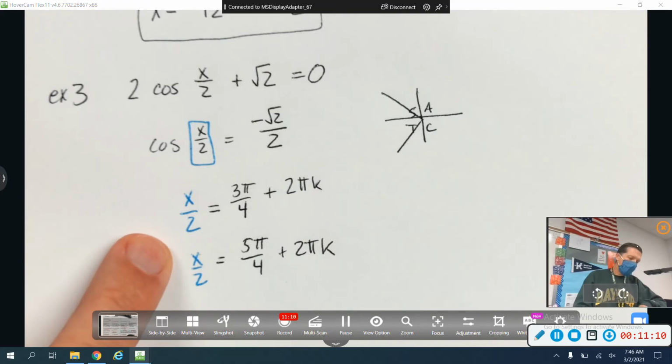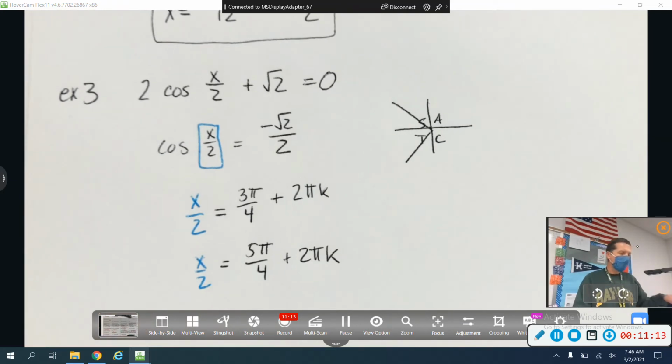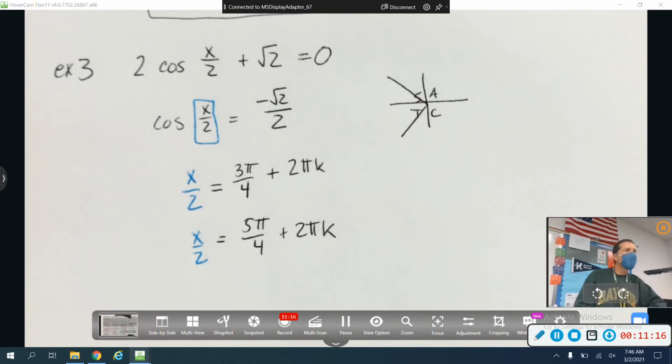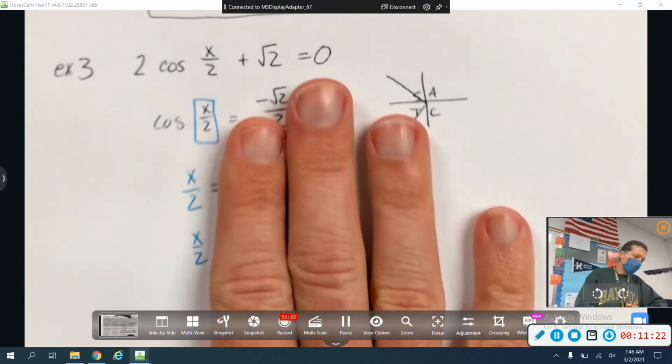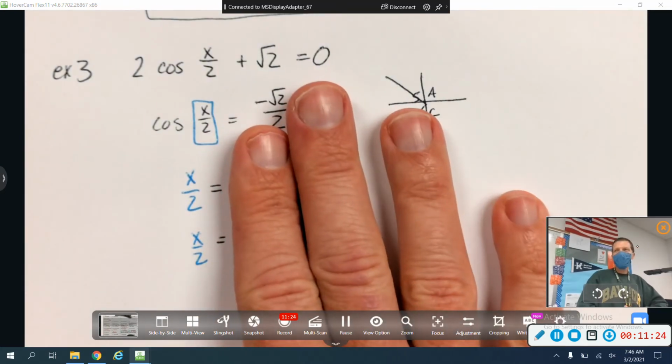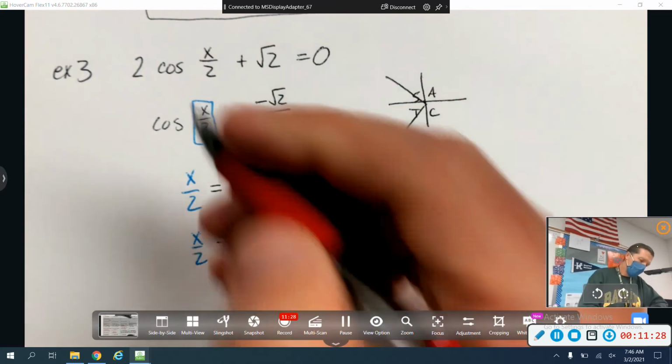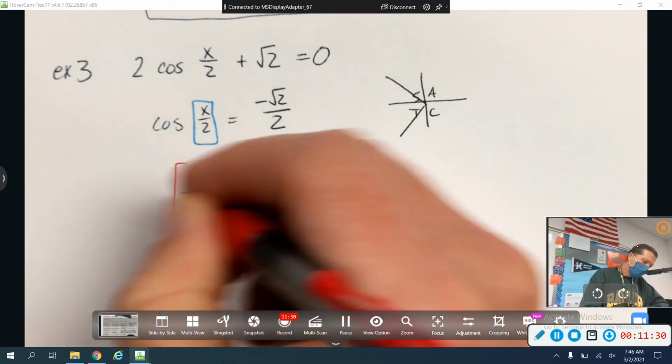But now I need to get x by itself. So what should I do on this problem to get x by itself? So don't worry about the ugliness on the right-hand side. I've got x over 2, and I want x by itself. Let's multiply by 2. So multiply everybody by 2.